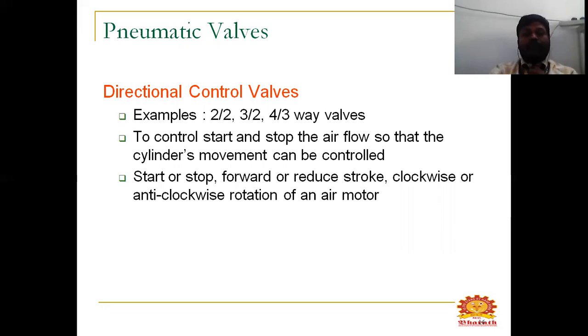It controls the start and stop of the airflow so that the cylinder movement can be controlled: start or stop, forward or reducing the stroke. Clockwise or anti-clockwise rotation of an air motor can also be controlled using a directional control valve.